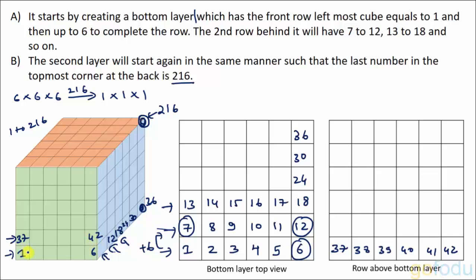So basically we can say that value of a cube plus 36 will give us the value of the cube which is just above it. Like this, numbering of smaller cubes will be done from 1 to 216. Let's look at the questions which are asked.